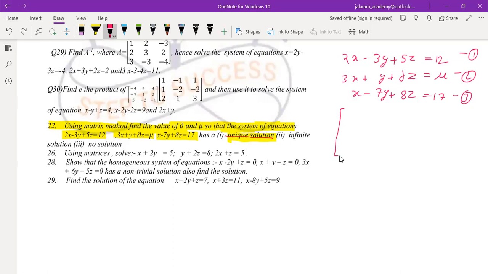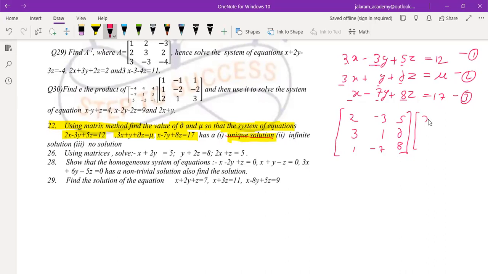First, we draw a matrix of order 3 cross 3 as it is the equation of three variables. So write the coefficients of first equation in first row: 2, minus 3, 5. Coefficients of second equation in second row: 3, 1, delta. Coefficients of third equation in third row: 1, minus 7, 8.